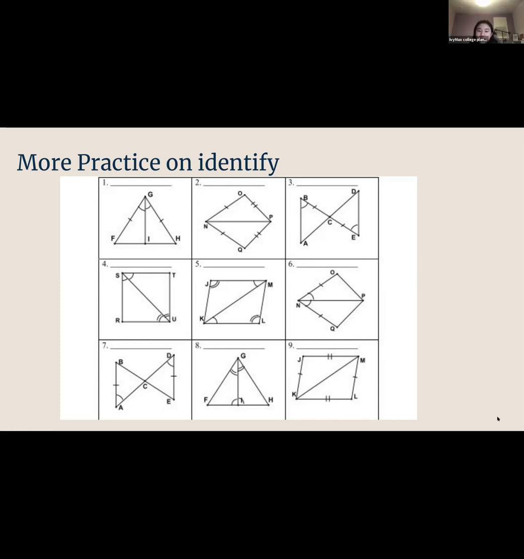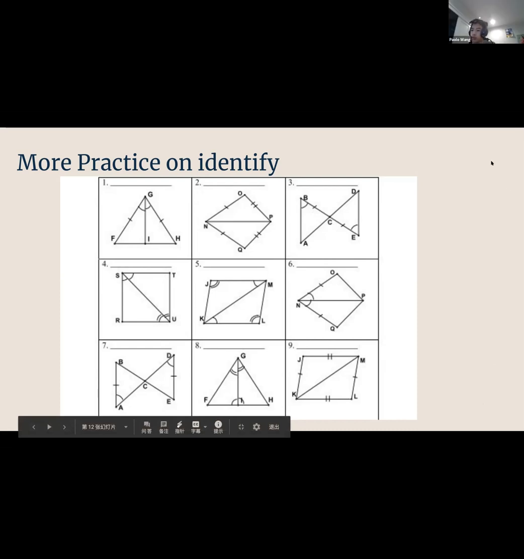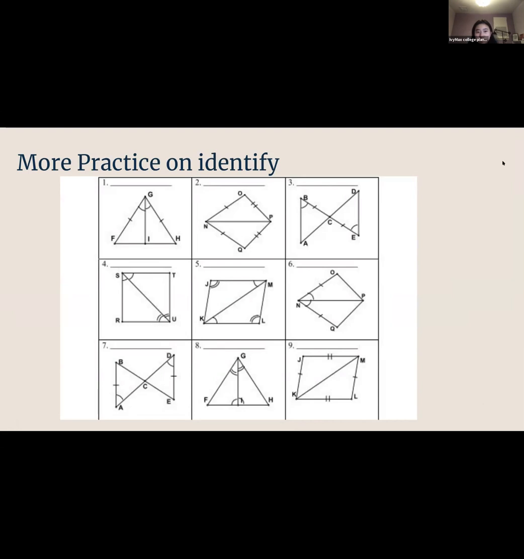Cool. 7, 8, Polo. All right. So for number 7, you can see that first of all, the sides AB and DE are congruent. And then you can also see that the angles A and D are congruent.